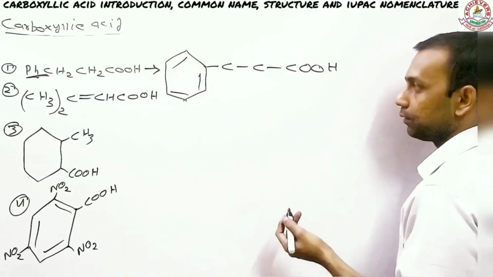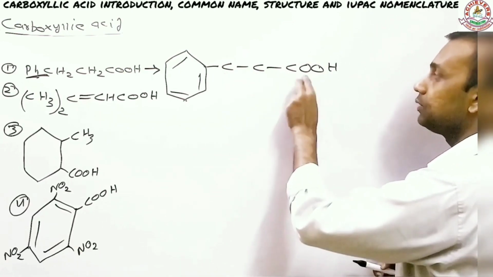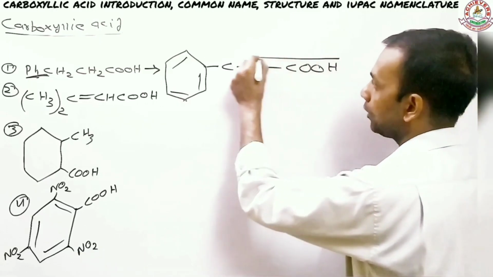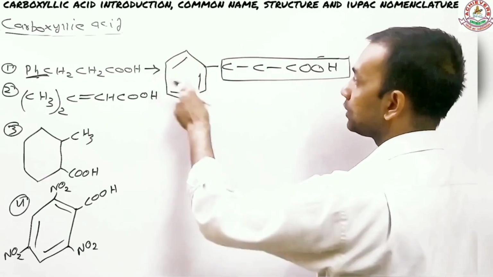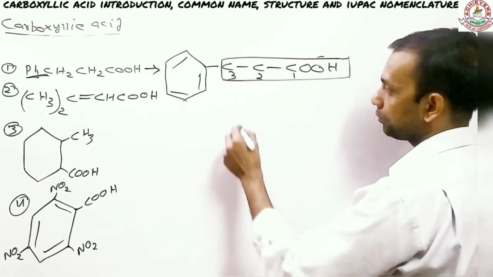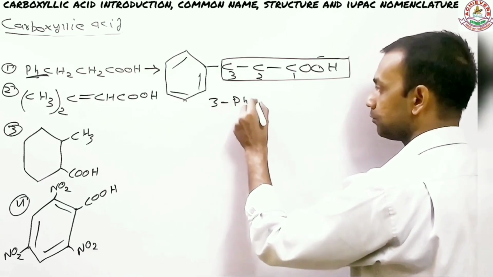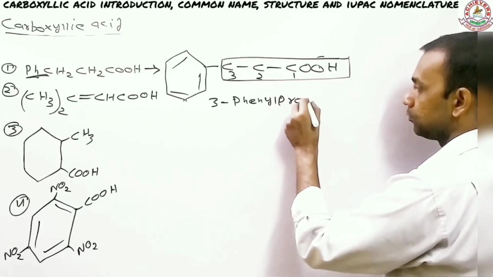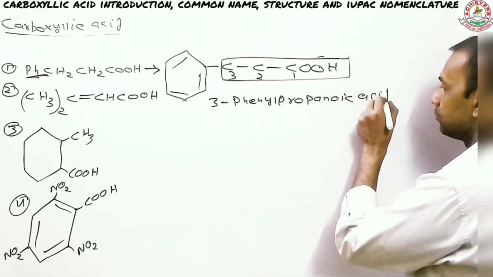So let's do the naming part. As you can see, this carbon chain has a functional group. Because it has a functional group, this will be considered as the parent chain. This cannot be because it doesn't have any functional group. So this will be called 1, 2, 3. So this will go as 3-phenylpropanoic acid, right?